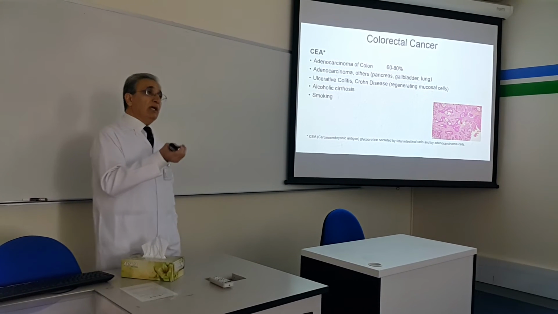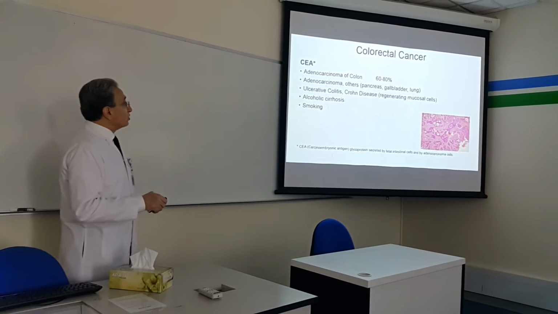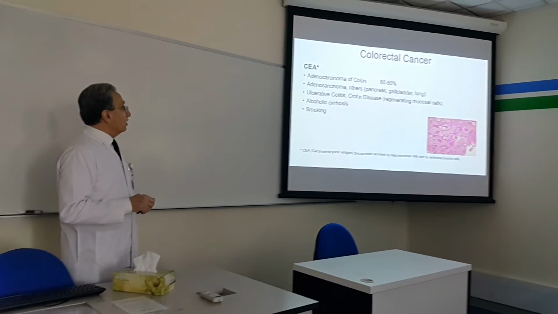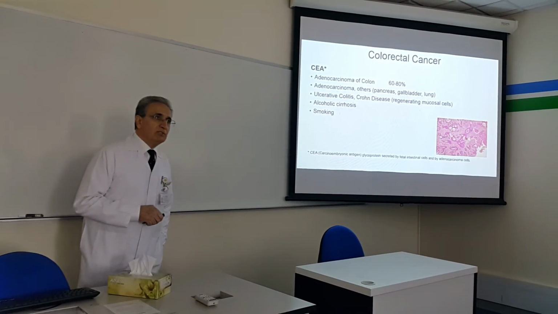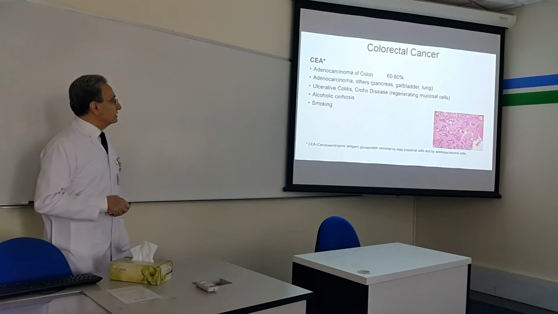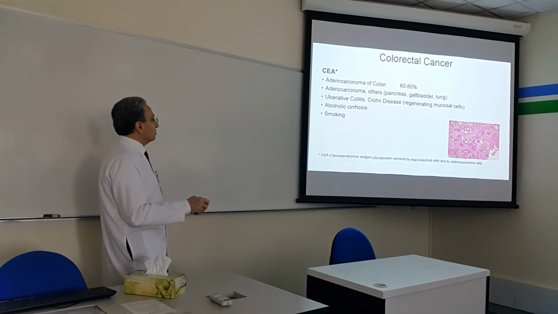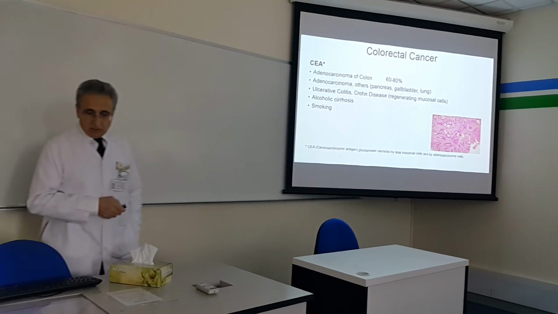So you can check CEA in the serum and in the tissues of the cancer. But CEA is also produced by other carcinomas like pancreatic carcinoma, gallbladder, and lung. It can also be secreted by regenerating mucosal cells of inflammatory bowel disease, ulcerative colitis, Crohn's disease. It can also be seen with a high serum level in alcoholic cirrhosis and in smoking. So all of these really should be taken into consideration.